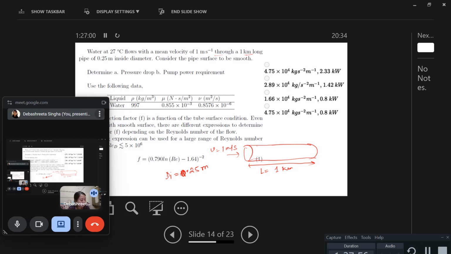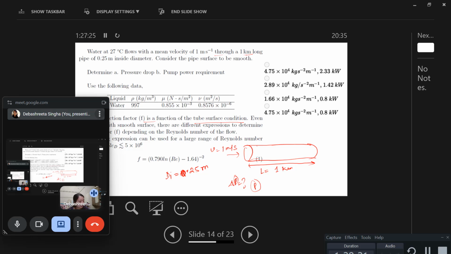Now first determine the pressure drop, that is delta P, and power requirement, that is P. Okay, this is pressure, this is power. And we have to use certain data. Then note that friction factor F is a function of the tube surface condition.